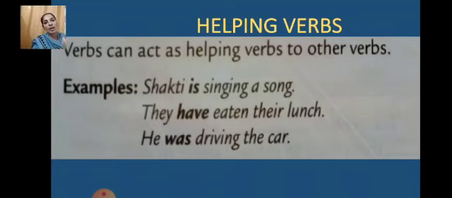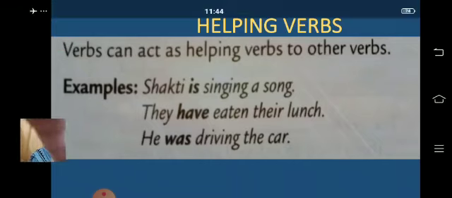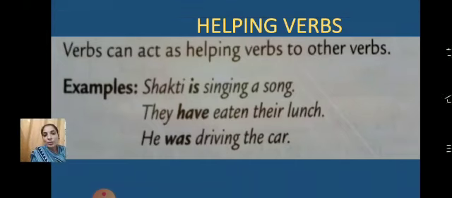Their names are according to their usage in the sentences. Now, when can we call them helping verbs? Verbs can act as helping verbs to other verbs. Of course, their name is suggesting helping other verbs.